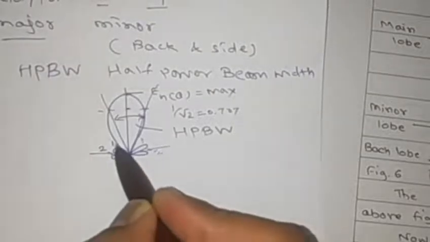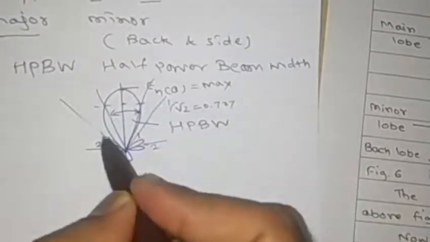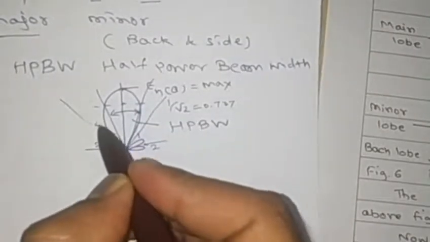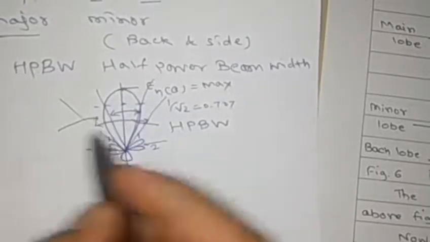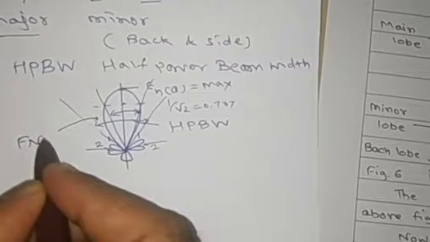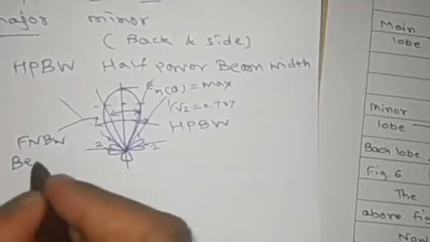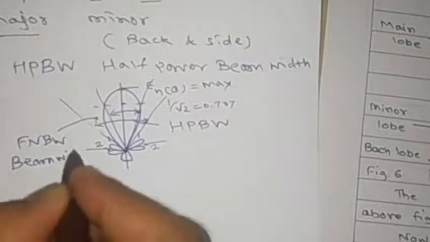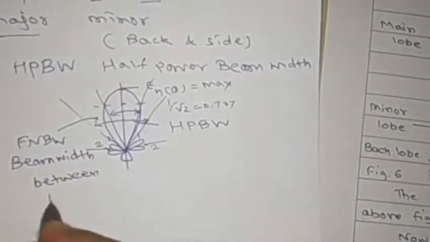If we draw a similar line indicating the first null from the major lobe, and find the angle between them, it is termed as FNBW, which is the beam width between first nulls.